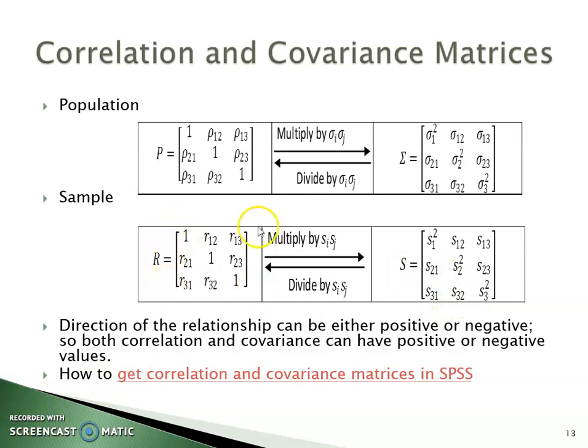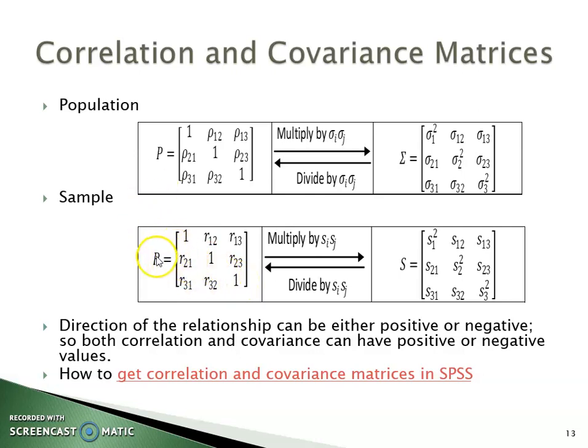In the correlation matrix, on the diagonal line, we have ones. Why? Because we know for standardized variable, they all have a standard deviation of 1. And the variance is a squared value of standard deviation. So when you square 1, you still get 1. So we have 1, 1, 1 on the diagonal for a correlation matrix.